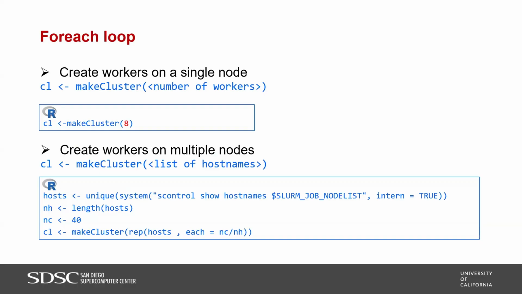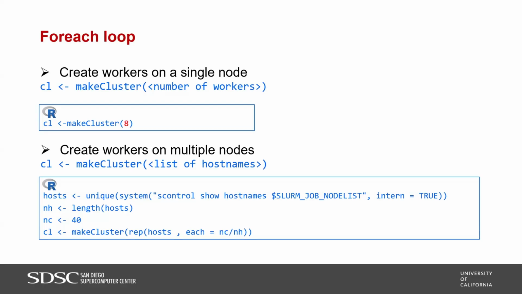Okay, so how to create workers on a single node? You can just give the number of workers you want to use to the makeCluster function. And if you want to run this foreach loop on multiple nodes, then you will need to give a list of the host names to the makeCluster function.